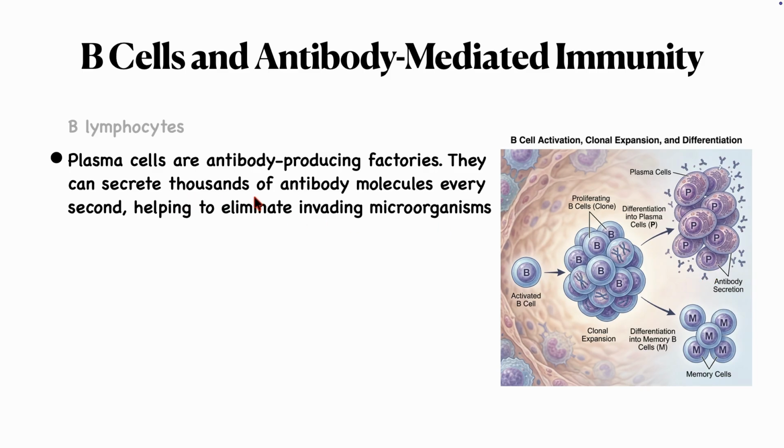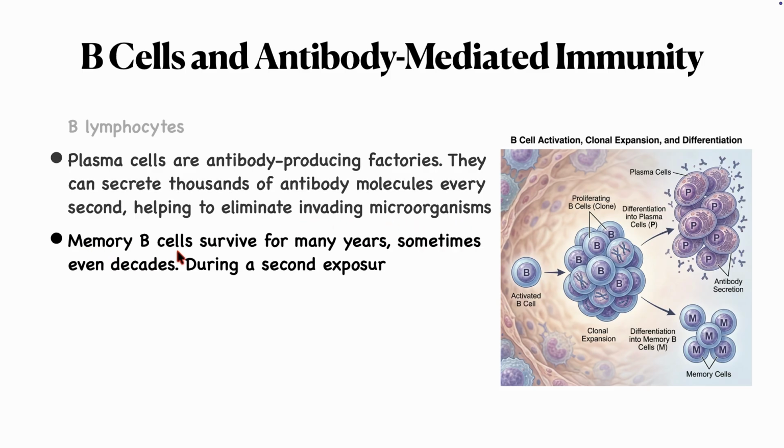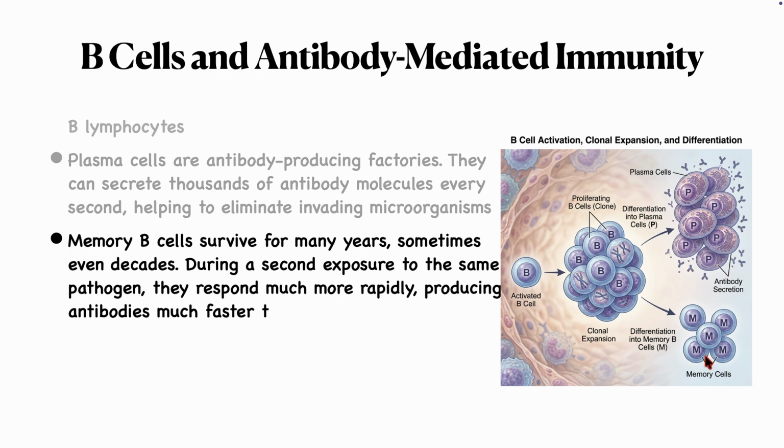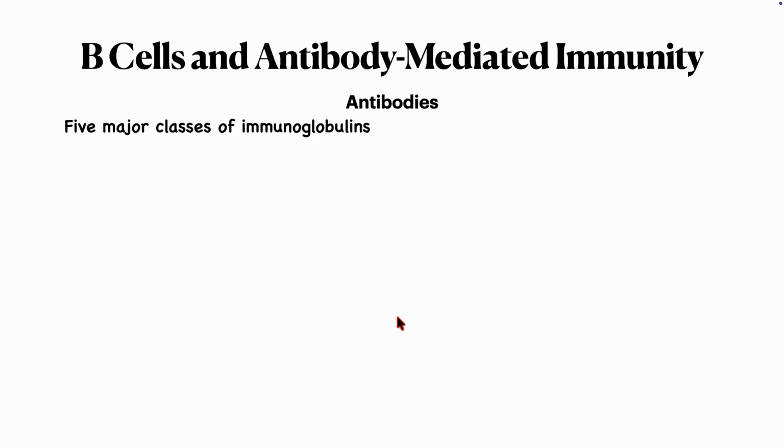They can secrete thousands of antibody molecules every second, helping to eliminate invading microorganisms. Memory B cells survive for many years, sometimes even decades. During a second exposure to the same pathogen, they respond much more rapidly, producing antibodies much faster than during the first infection.